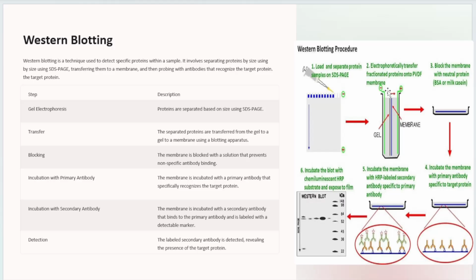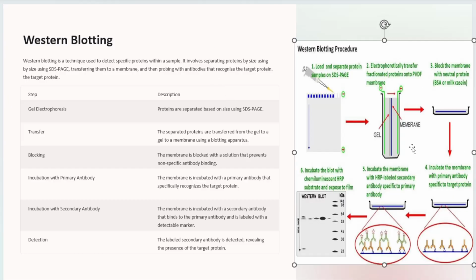So here we will add the primary antibodies, which are going to bind specifically to certain proteins, and then we wash it and then add the secondary antibodies. The secondary antibodies will be enzyme linked. We have spoken about this in the enzyme-linked technique, and when we add the appropriate substrate along with the buffer, it just gives the visibility.